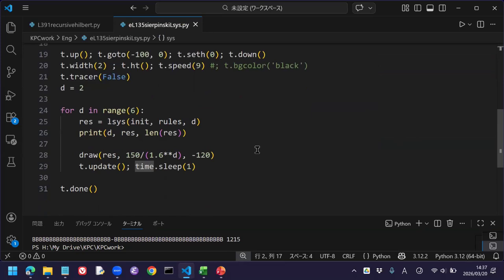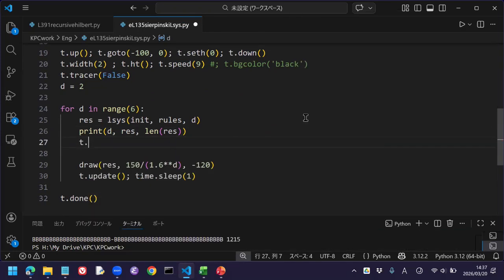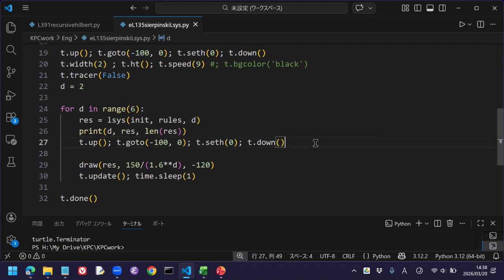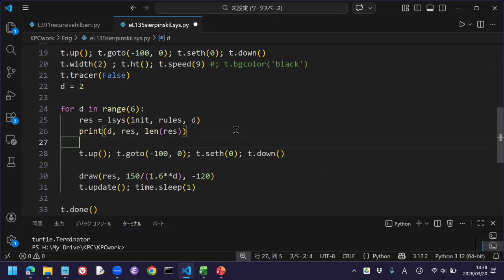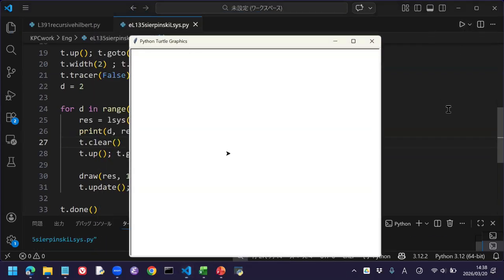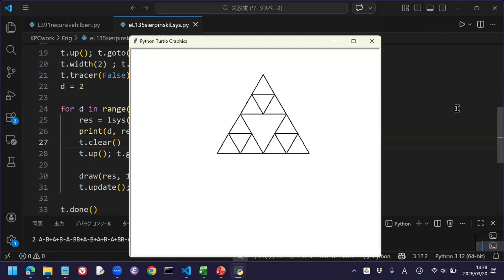We always need to go to 0. So before drawing, t goes to, say, minus 100, 0. Before this, we need t.clear. That's it. 0, 1, 2, 3. Good.